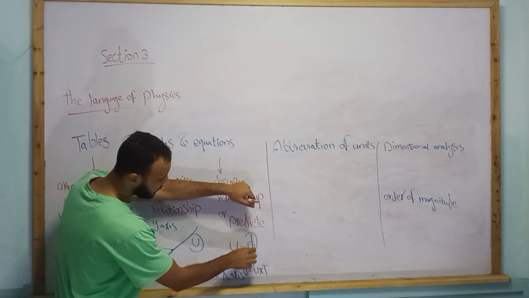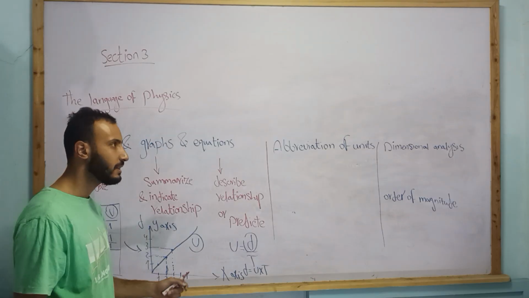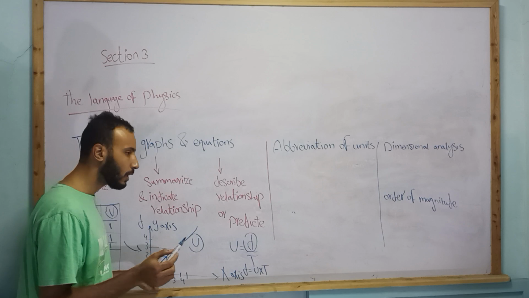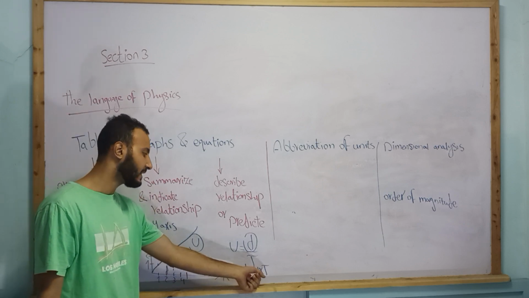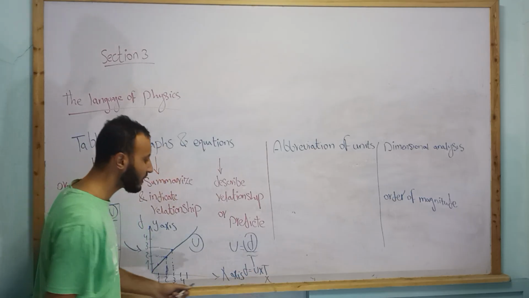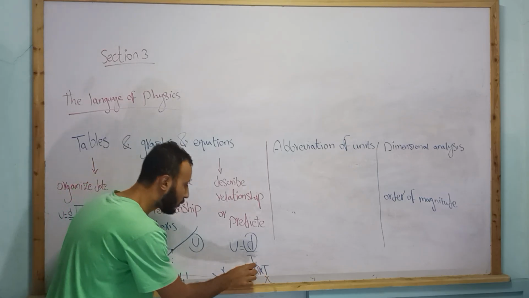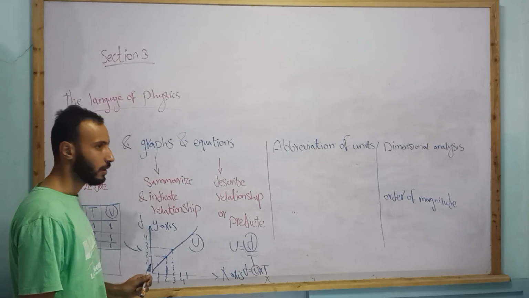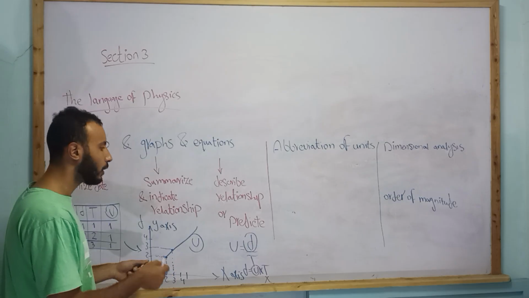The slope of the graph is always the physical quantity that multiplies the x-axis. The x-axis here is the time, so the physical quantity times the x-axis is v. Because of that, the slope of this graph is the velocity. So if you get the slope at any time, you will get the velocity.